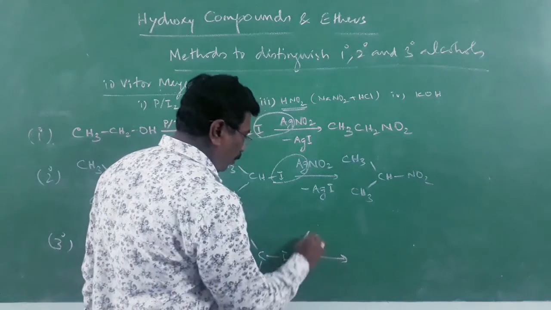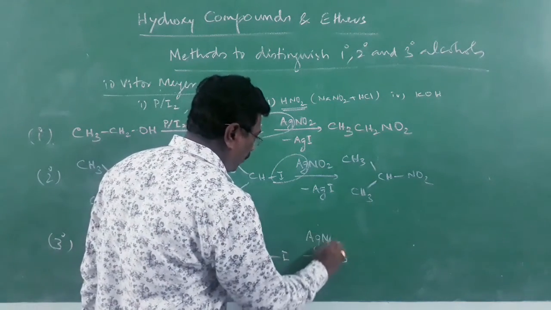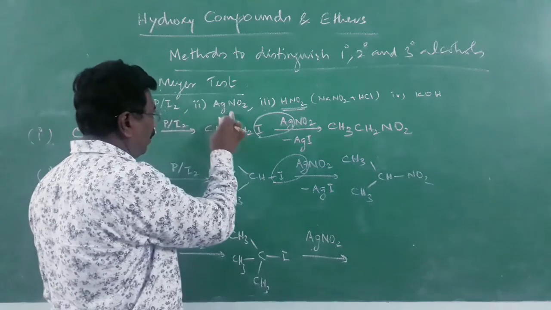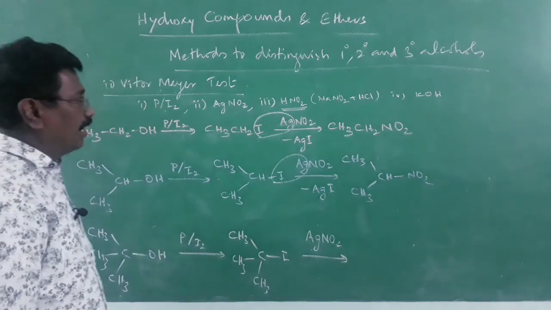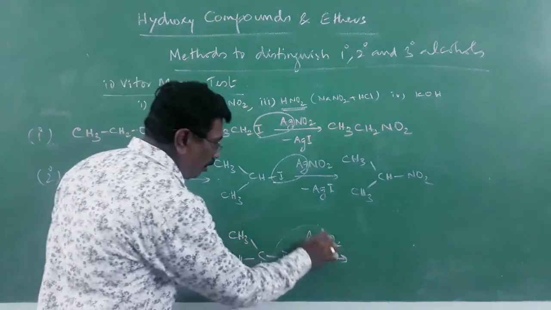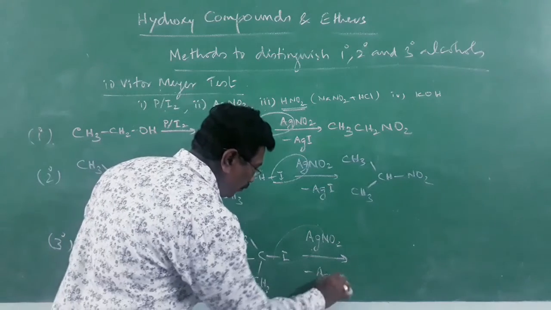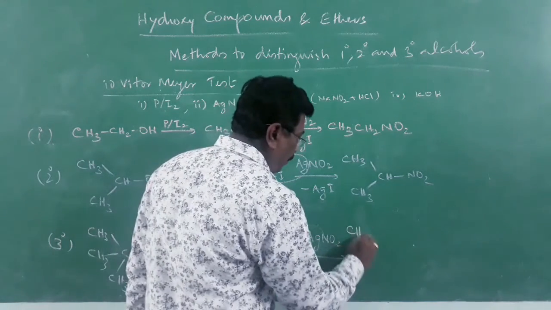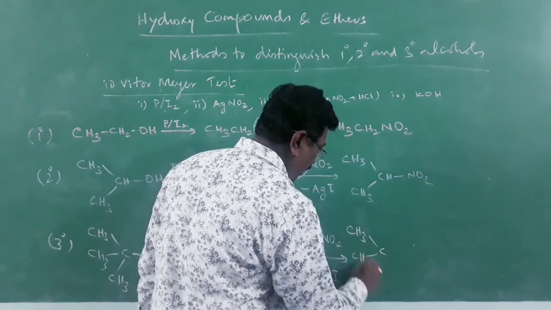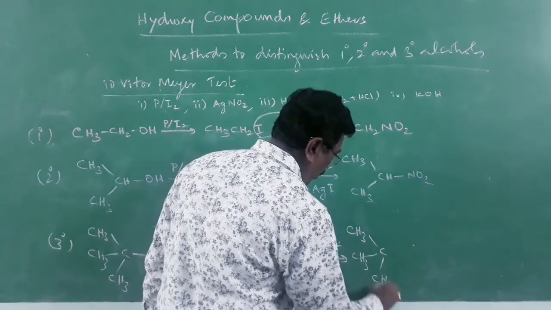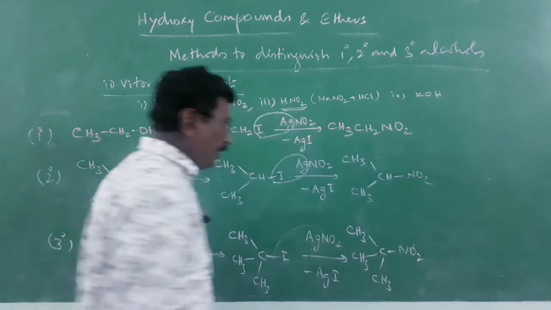Now, it is again made to react with silver nitrite. First 2 steps we have done. First with phosphorus and iodine, second one silver nitrite, silver iodide will go off. You will be getting (CH3)3C-NO2. Correct?